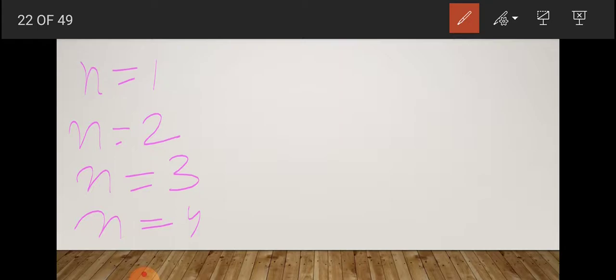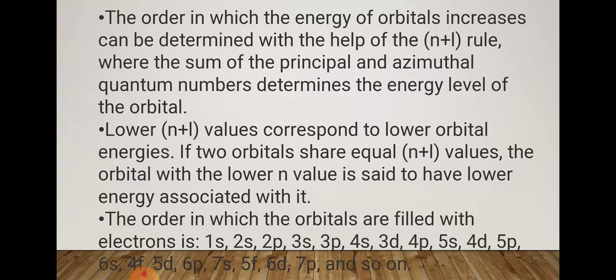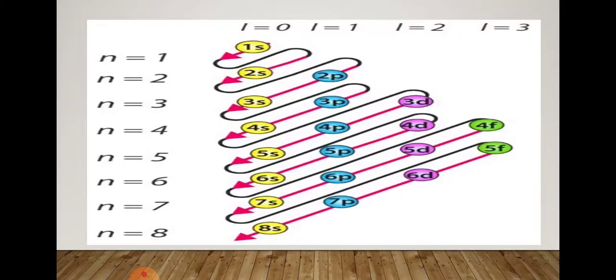And for l, you know that for s, l is 0, p is 1, d is 2, f is 3. Okay. Now let's see n plus l for the 1s orbital.